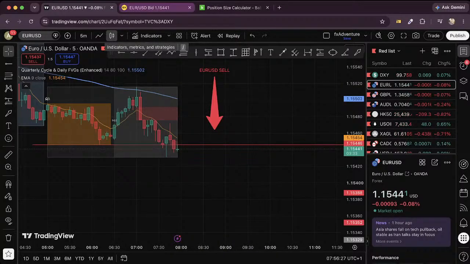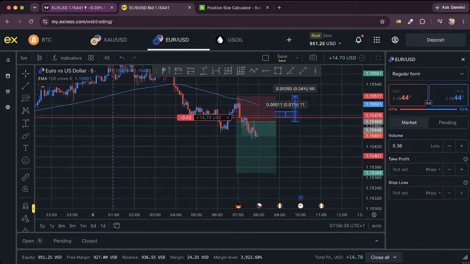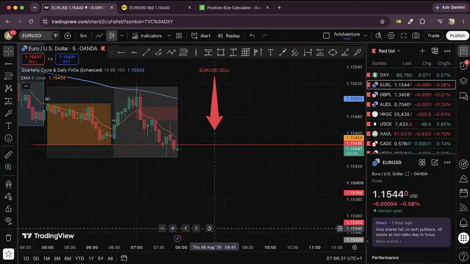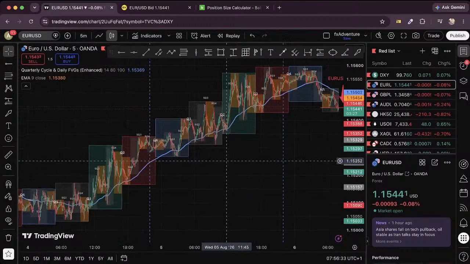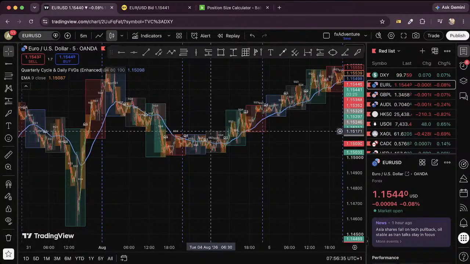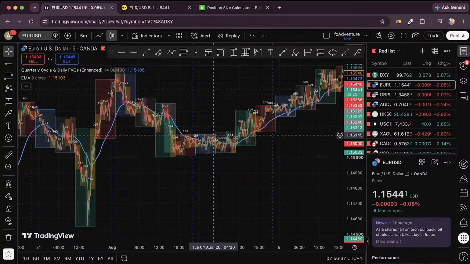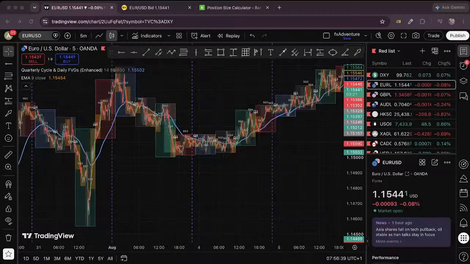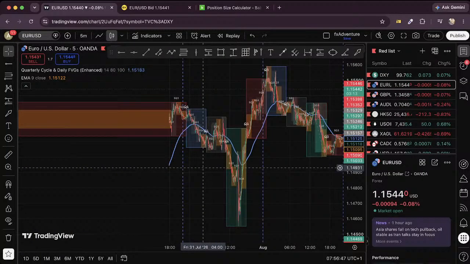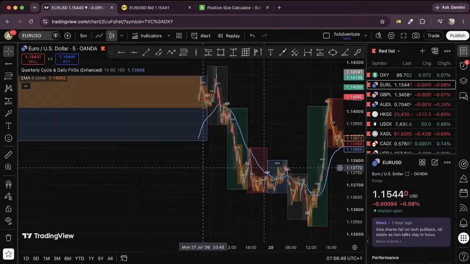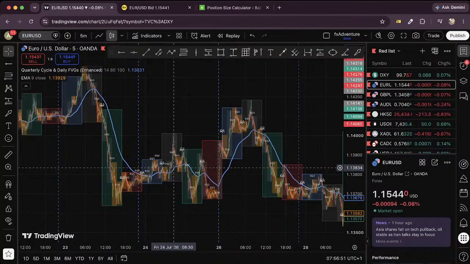So on the charts, the very simple rule. These drawings will help out with all the things that you need. What you just need to look out for is to focus on Q2, Q3, alright?